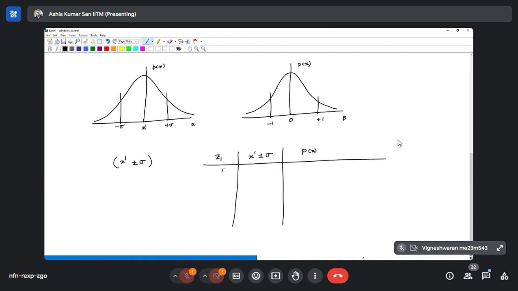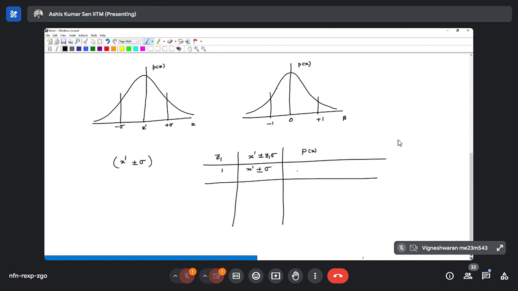When z1 is equal to 1, you are basically having x prime plus z1 sigma. So let's say first I have plus minus sigma, that means z1 is 1. So I'm only talking about plus minus sigma or minus 1 to plus 1.